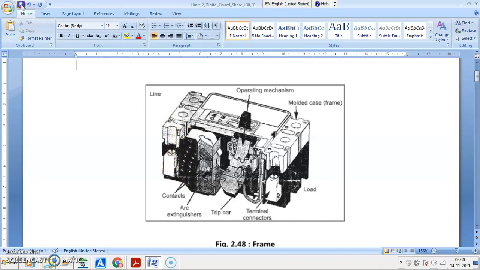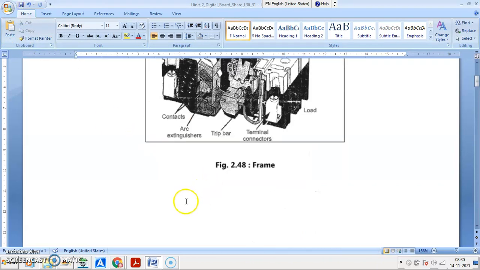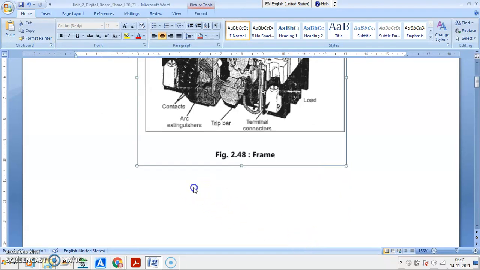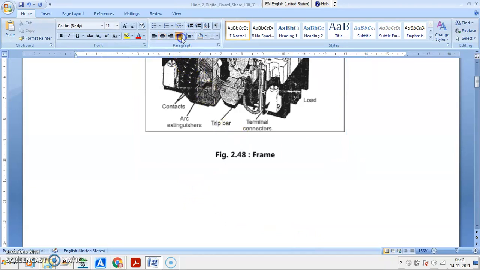So the working of MCCB is quite similar to MCB, which we have already discussed, the working principle of MCB. The function is to provide that particular insulating housing, the main frame.